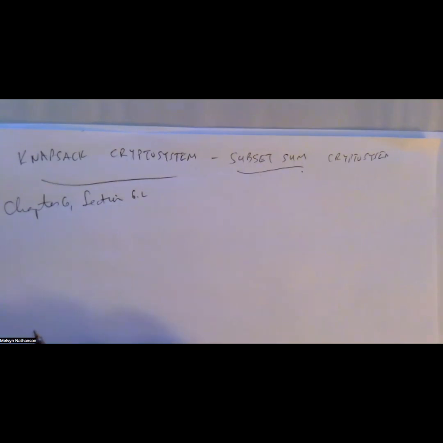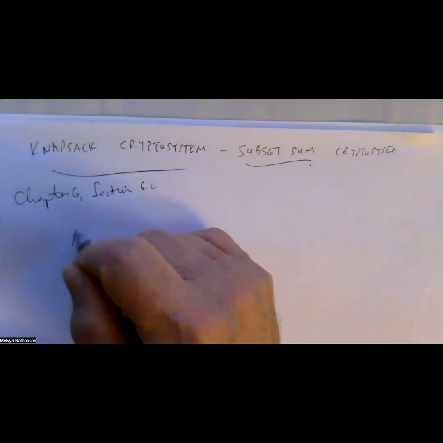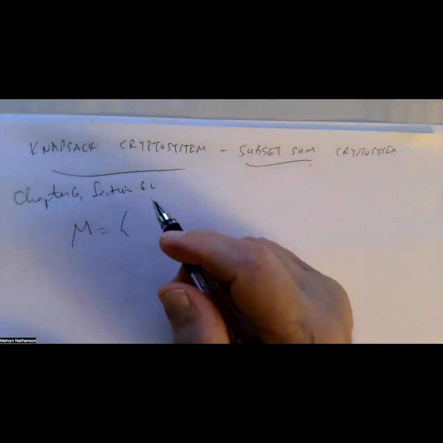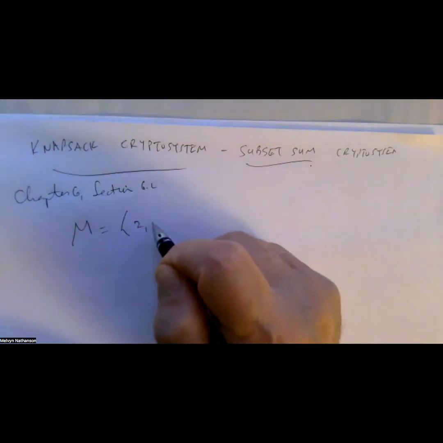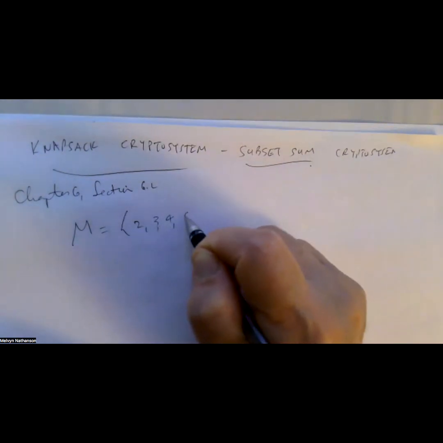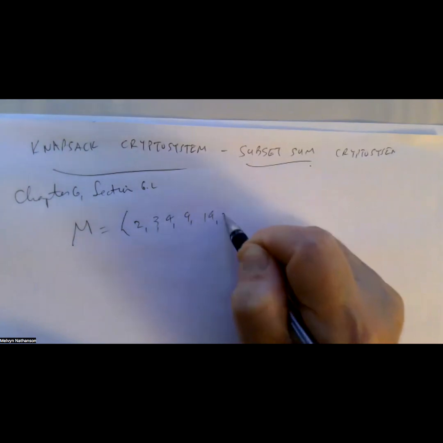Okay, and the idea is the following. Suppose I take a certain set of numbers, M, say, well, I'll use the example in the book. The book makes a mistake, 2, 3, 4, 9, 14, 23.